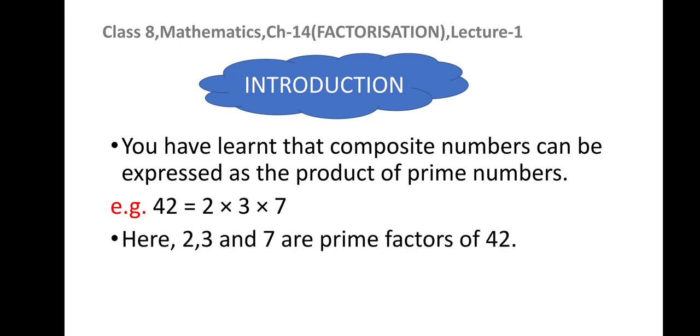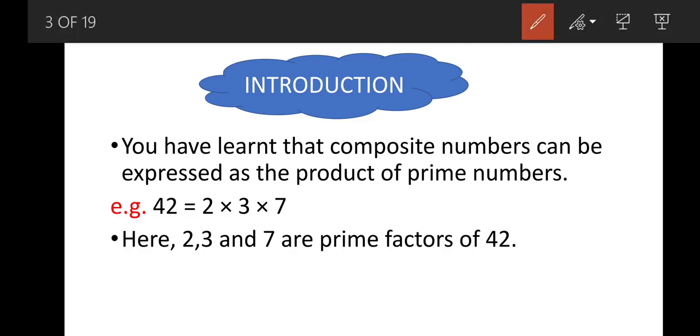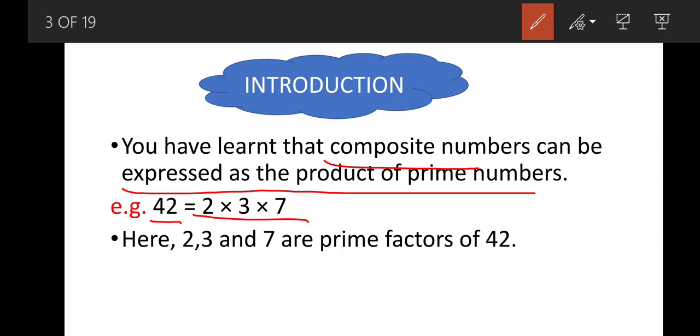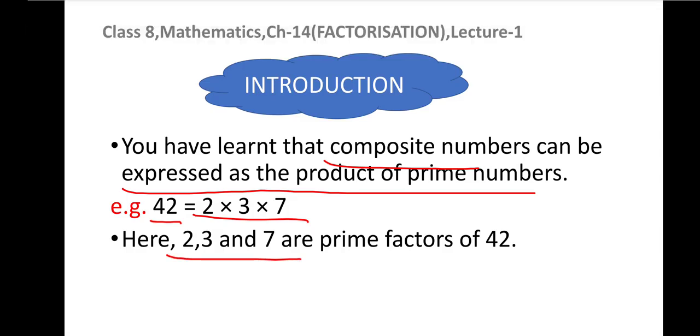Here 2, 3 and 7 are prime factors of 42. I think it is clear to you that composite numbers can be expressed as the product of prime numbers.